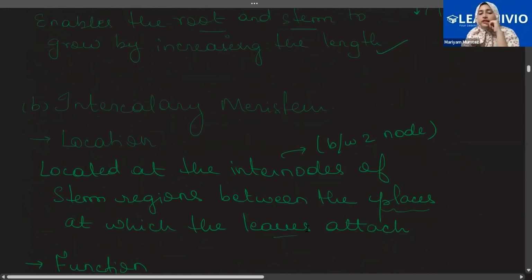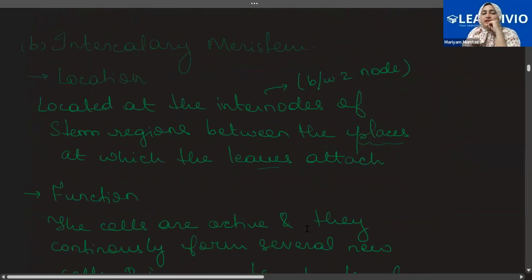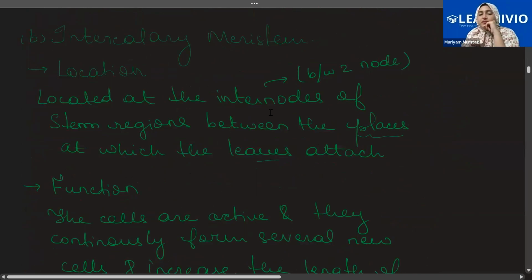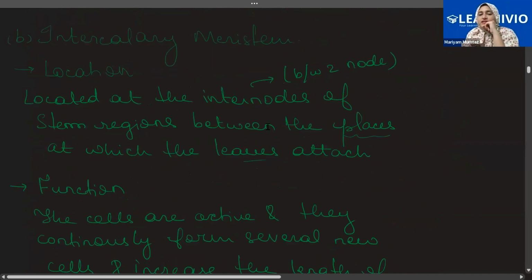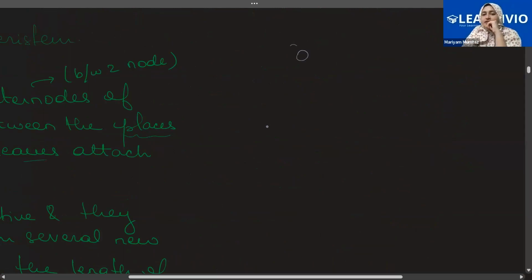Moving forward, we have intercalary meristem. Intercalary meristem is located at the internodes. See, node is that place in the plant. For example, this is a flower and this is the stem. Node is that place from where the leaf arises.